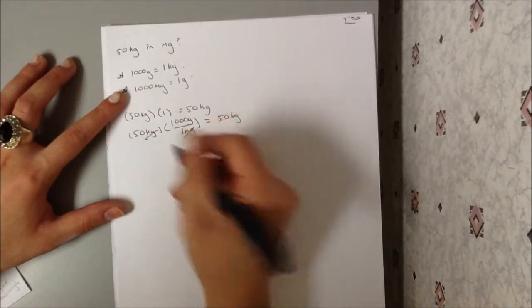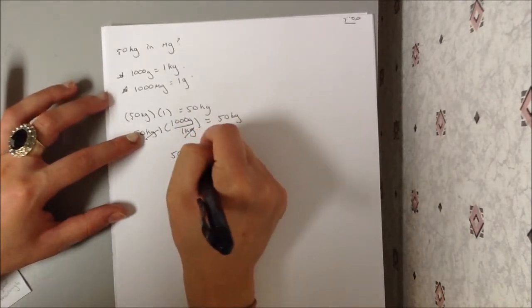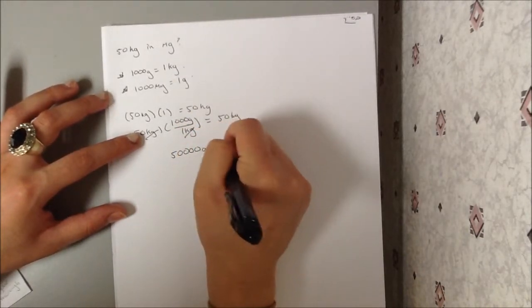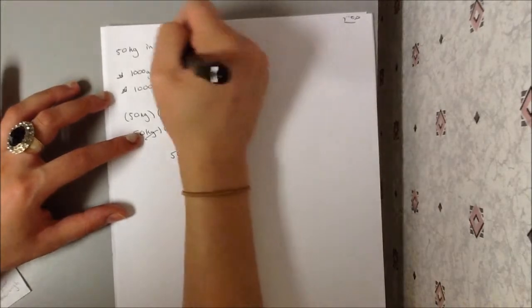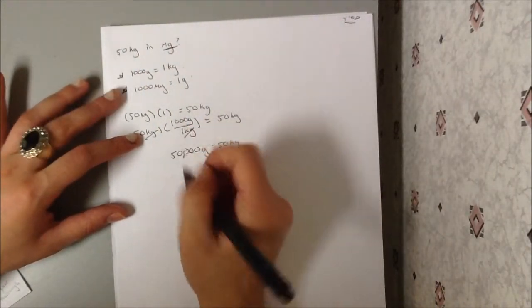Crossing out the kilograms, and we get 4 zeros. 50,000 grams are equal to 50 kilograms. But we're not done yet because we want milligrams. So again, it's kosher to multiply this by a 1.